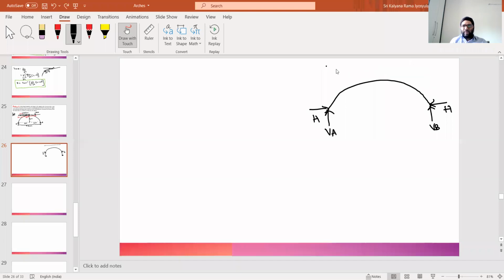So you have different types of loadings. First of all, let me finish off this part. So this is 4 meters, and we need to calculate at a section of 6 meters. This is 12 meters and this is also 12 meters.